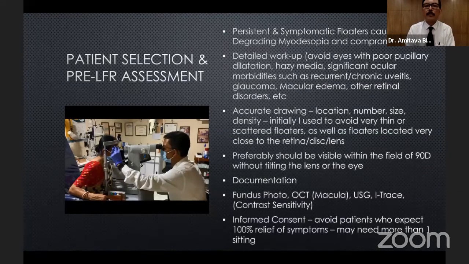I always do a detailed hand-drawn drawing in my medical chart to exactly locate the depth and the position and the size and the shape of the floater. I also document it with a fundus photograph and an OCT macula, ultrasound, eye trace, sometimes with a contrast sensitivity also. Informed consent is also a part and parcel of the workup.